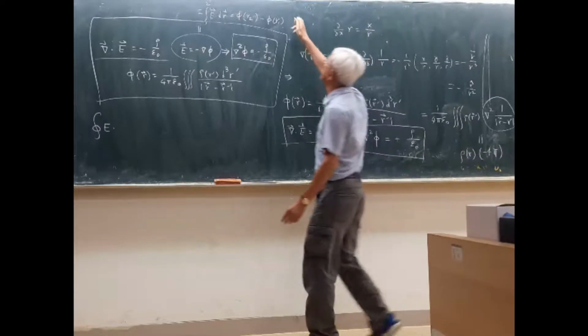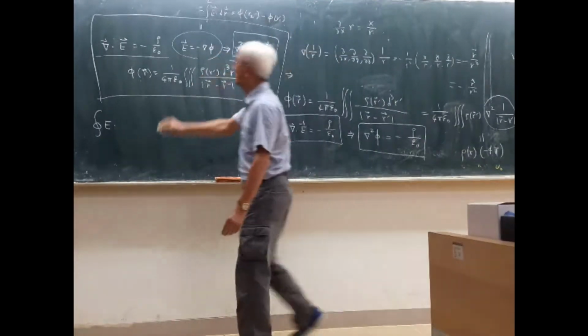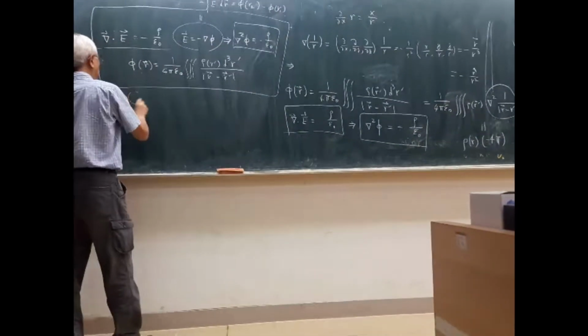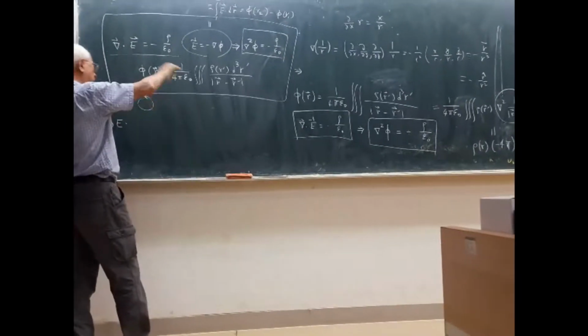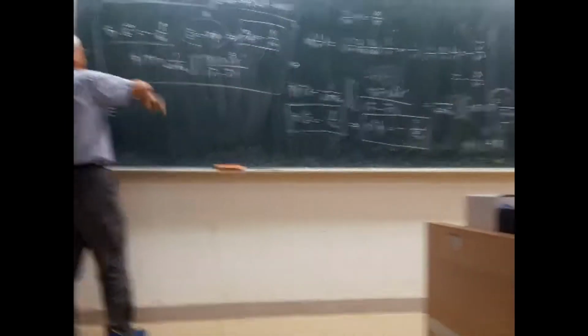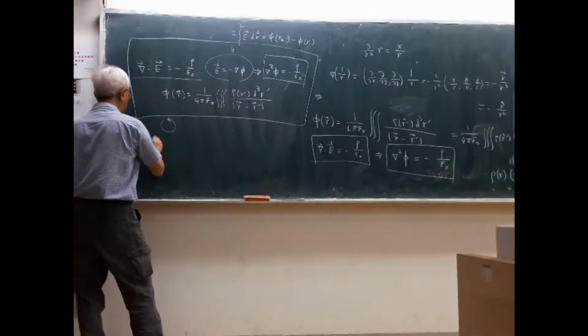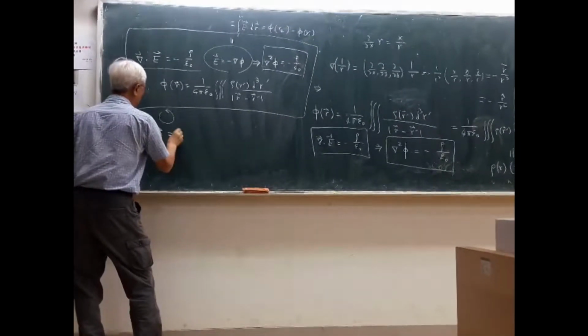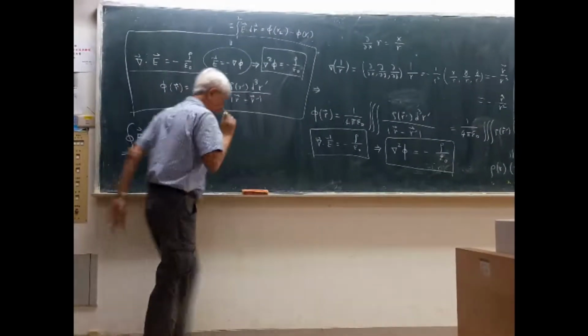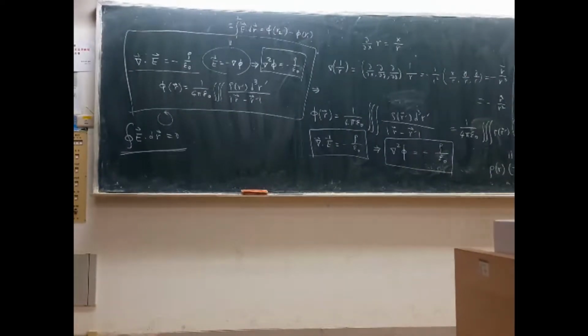And the simple thing is, from this, a circle integral, a line integration around a contour, is 0 for a static electric field.